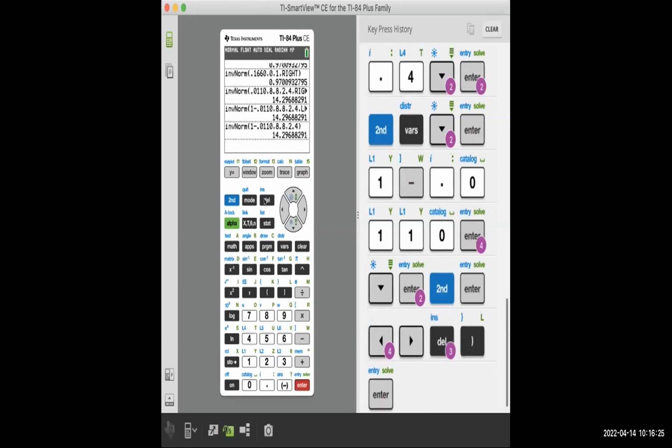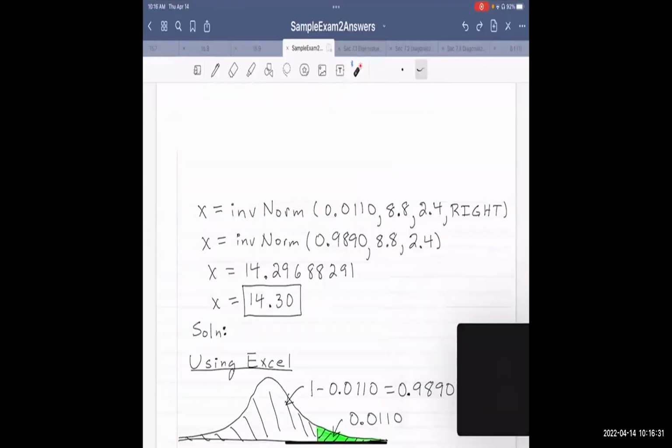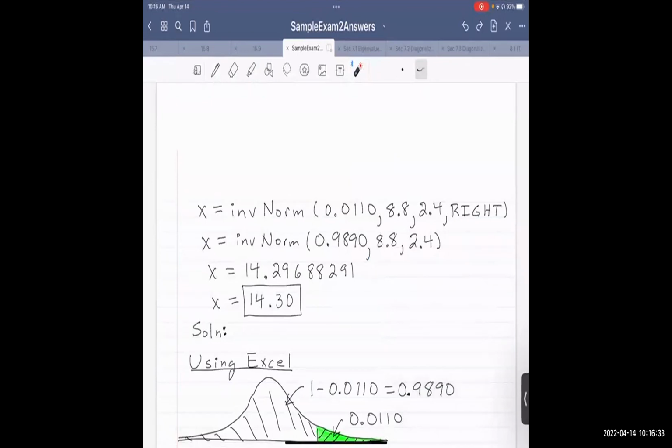Let me write that on a piece of paper. I have here 14.2968829, which I can round to the nearest hundredth as 14.30.